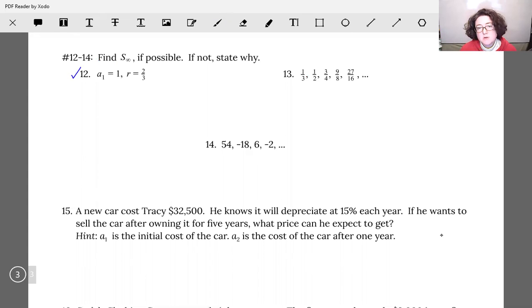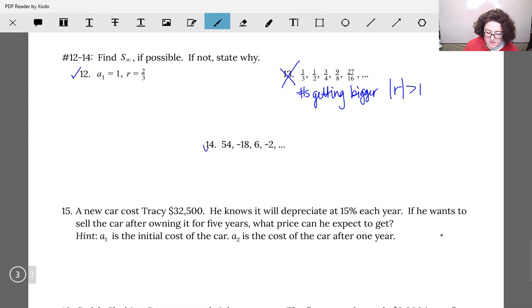Are the values getting smaller and smaller? Nope. So numbers are getting bigger. So our absolute value is greater than 1, so this one won't work. What about 14? Are the numbers getting closer and closer to 0? Yep, so we can only do 12 and 14.